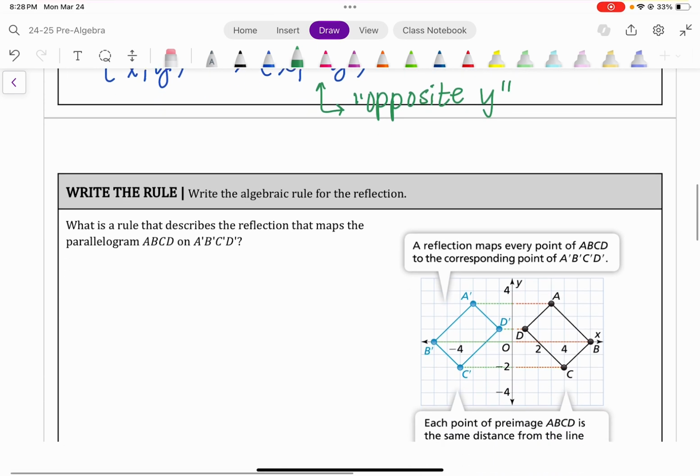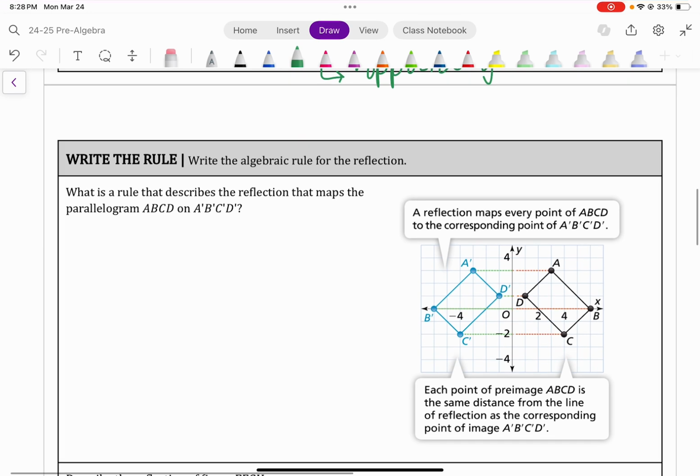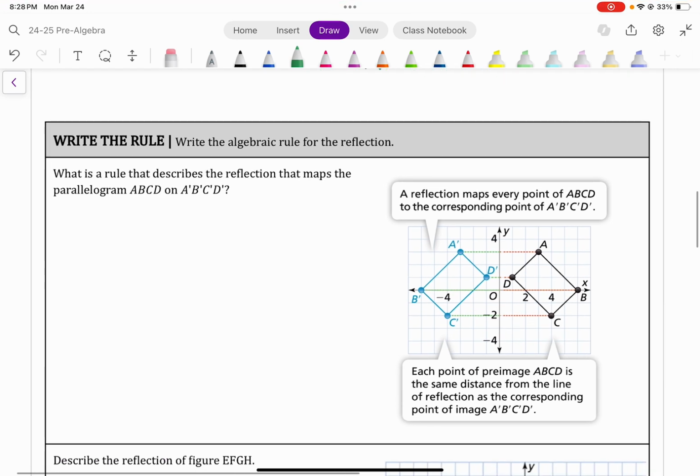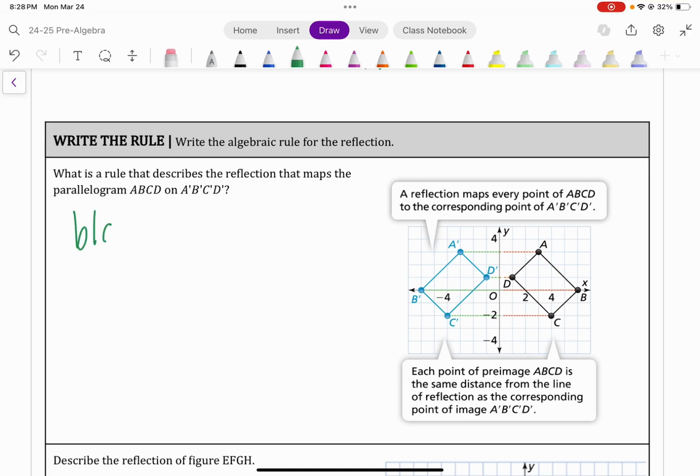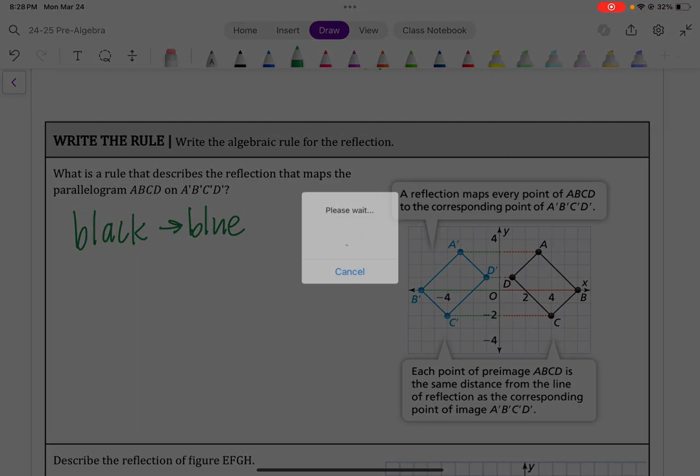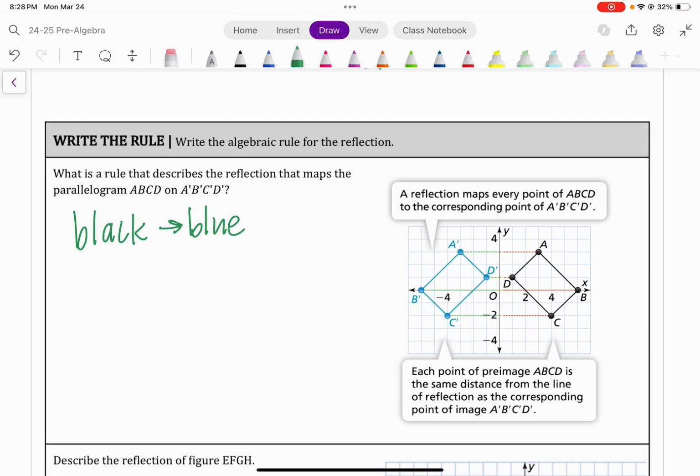Okay, now the next one we're going to do asks us to write the rule. So what is the rule that describes the reflection that maps parallelogram ABCD onto A'B'C'D'? So we want to go from the black one, that's my original, to the blue one. And it looks like we are reflecting.